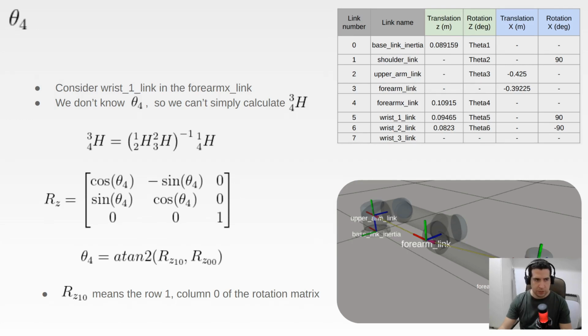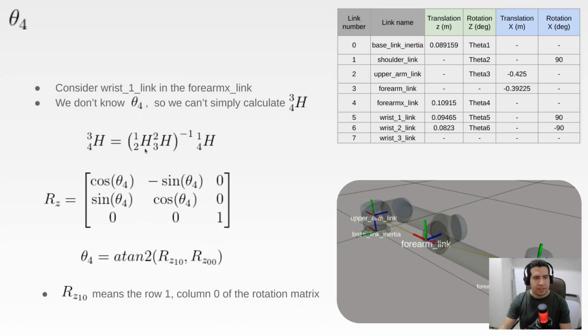So we know that this orientation is just a rotation about the z-axis. So we can calculate it by using the arctangent of this matrix. So we have sine of theta 4 in the first argument and cosine of theta 4 in the second argument.